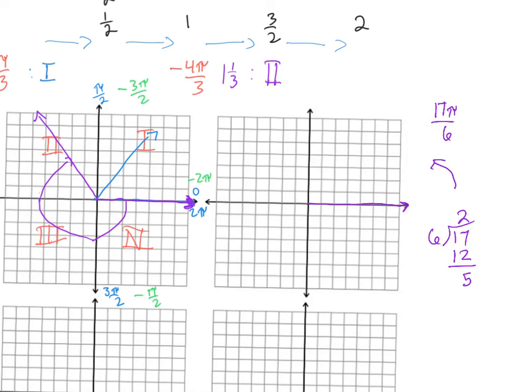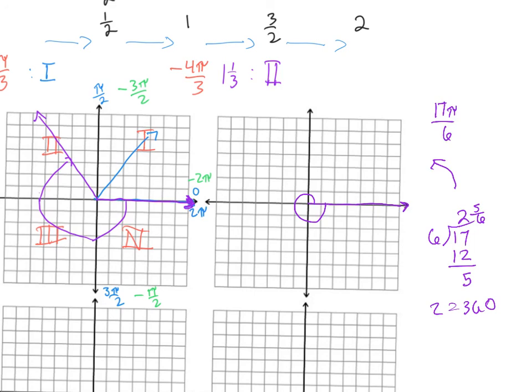So this is 2 and 5/6. So here, this means I need to go 2, remember, is my 360 degrees. So I need to go all the way around one circle, one full loop. So 1.